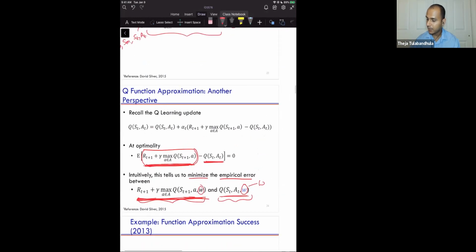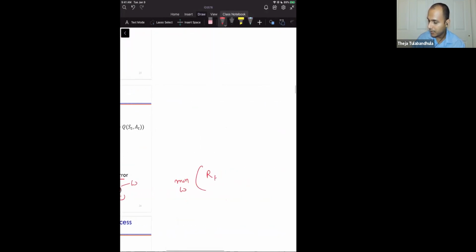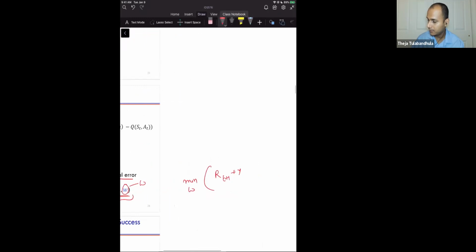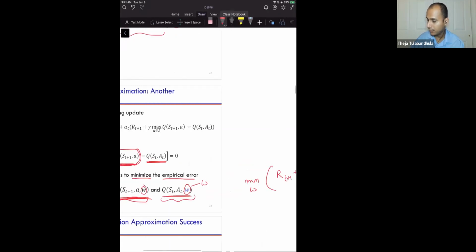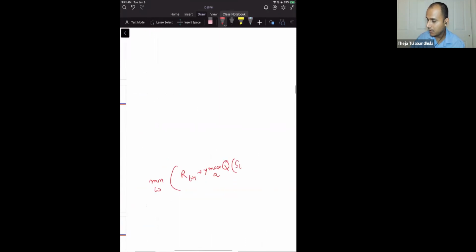Is that clear? So basically, you're going to do a minimization over W of R. Let me use the same notation: R_t+1 plus gamma max over A' of Q of S_t+1, A', and this is going to be your reference.